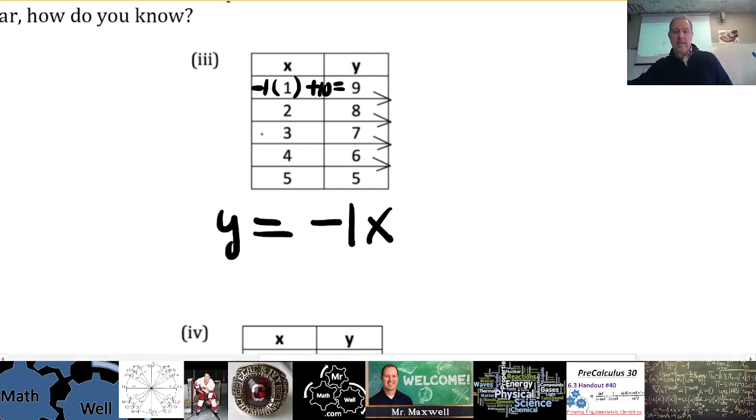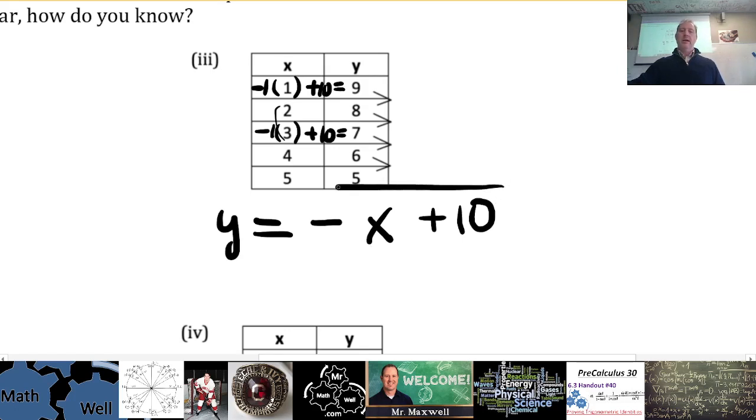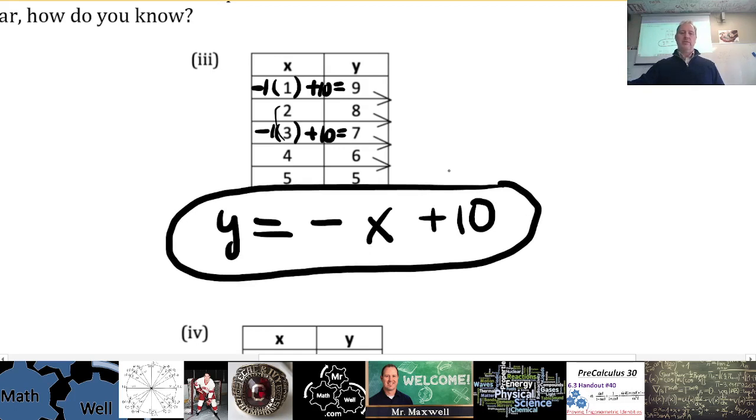All right, let's check a couple other points. Negative 1 times 3 is negative 3. What do I have to add to get to 7? Plus 10. That works. So I'm going to put plus 10 here. The last thing that I would do is erase the 1 as a coefficient. Don't leave it as a 1. Okay? And I would just have that negative x plus 10. So y equals negative x plus 10.